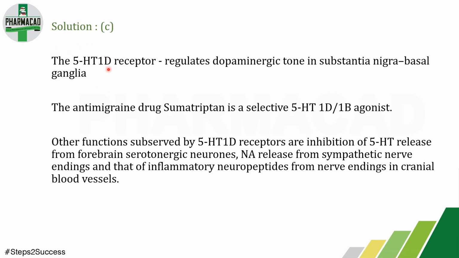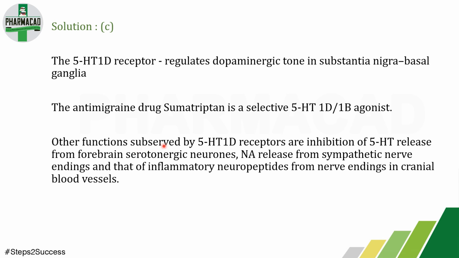So we know that the 5-HT1D receptor regulates dopaminergic tone in the substantia nigra, which is in the basal ganglia. The anti-migraine drug, that is option C, is sumatriptan, which is a selective 5-HT1D and 1B agonist.